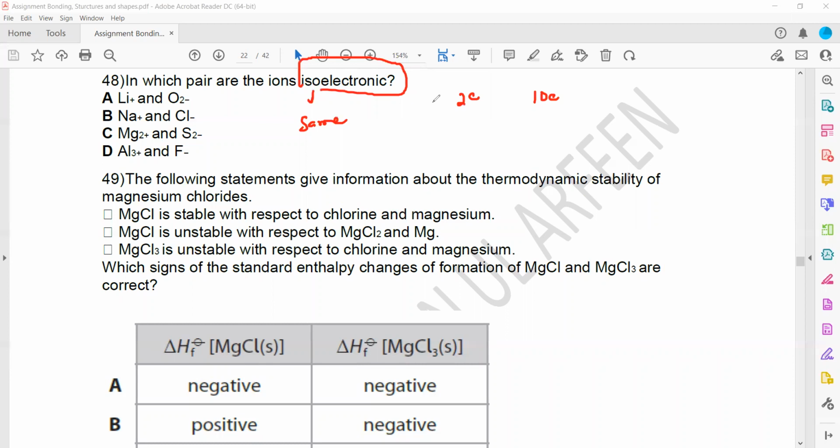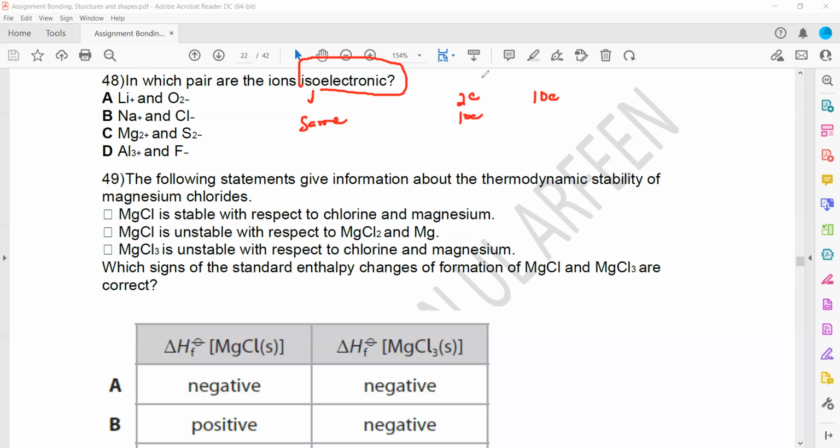For sodium chloride, NaCl, sodium has 11 protons and 11 electrons, but it lost one, so it will have 10 electrons.